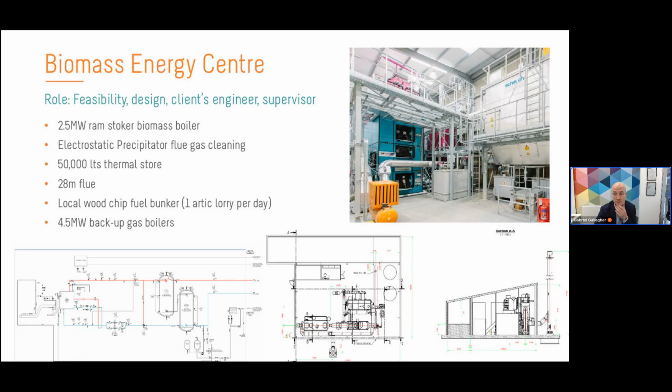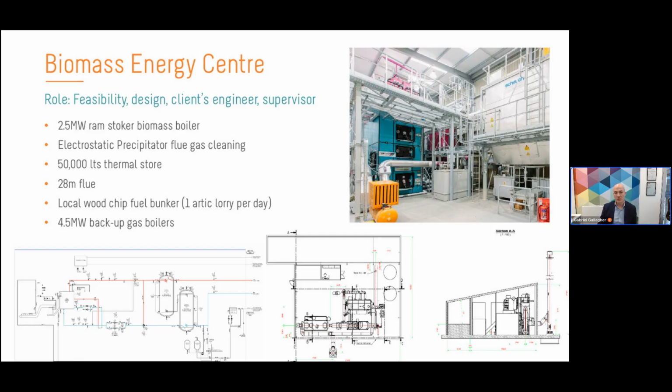So the first project was the Biomass Energy Centre. This was built on top of where the old oil boiler storage area was for the energy centre. It's about 2.5 megawatts of biomass boiler with electrostatic flue gas cleaning, so very low particulate emissions, a large thermal store and a nice tall flue.